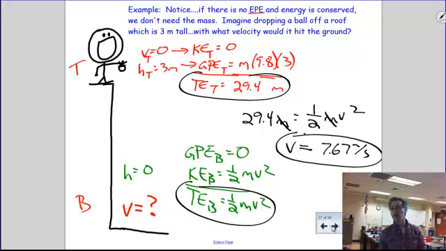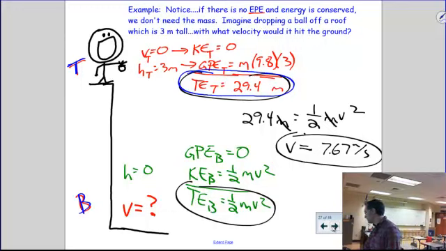What I want you to be aware of here, and I kind of glossed through this, is that these problems are all solved exactly the same way. All of these conservation of energy problems are solved just like this. We identify the important points in the motion. In this problem, there were 2 important points: top of the ball's path, bottom of the ball's path. At each of those points, I'm going to write out an expression for the total energy.